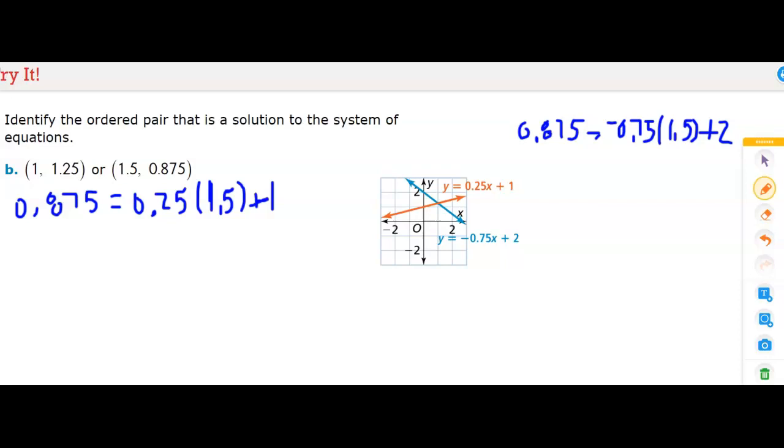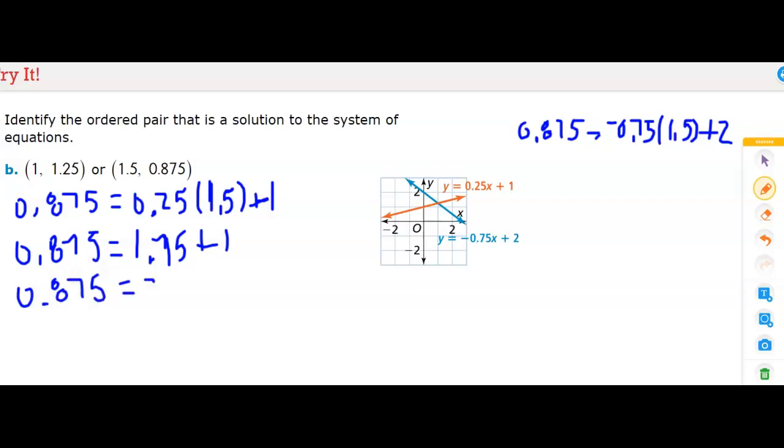0.25 times 1.5 is 0.375, and 0.375 plus 1 is 1.375. So 0.875 is not equal to 1.375.